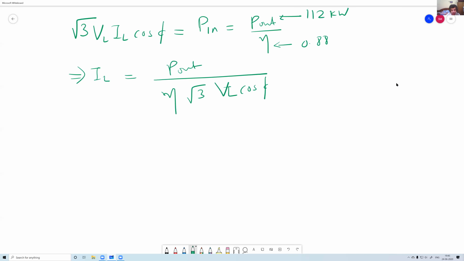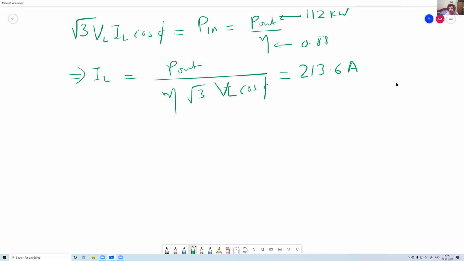We know all of this, so we can calculate IL, which comes to be 213.6 amps.